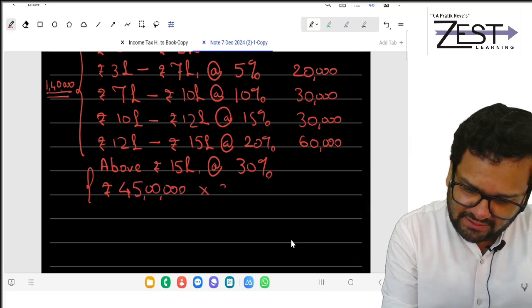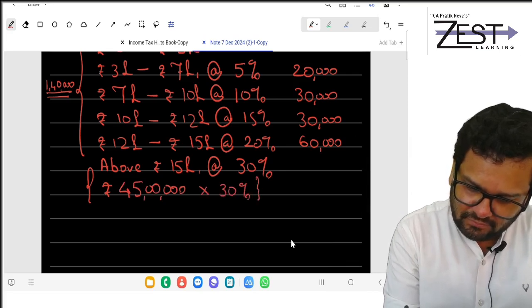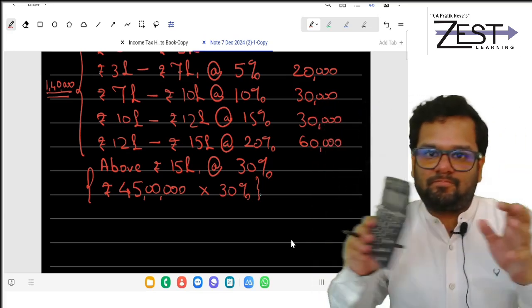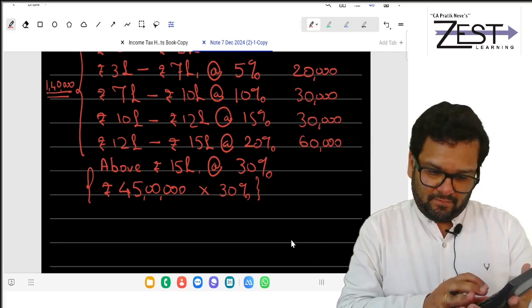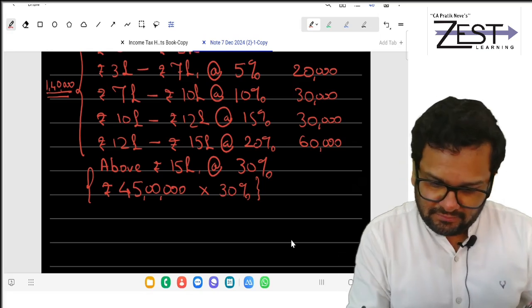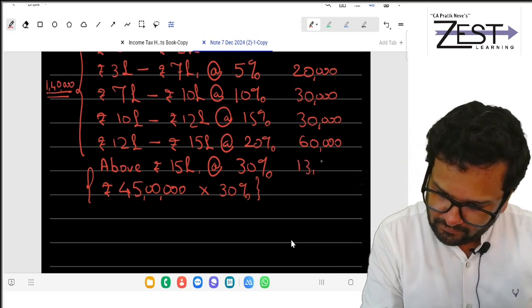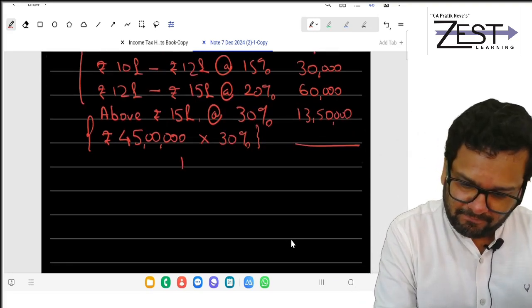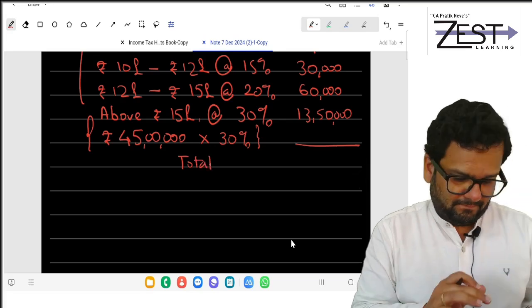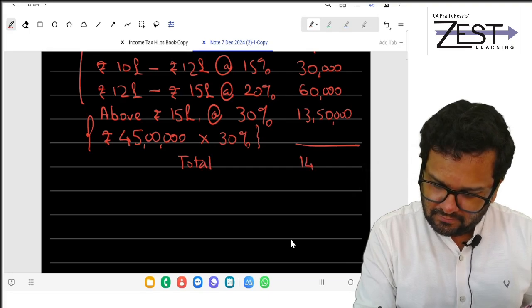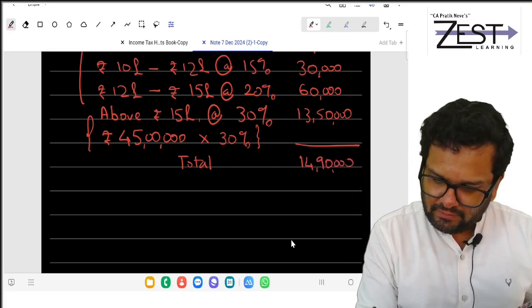So what is 45 lakhs into 30%? 13 lakh 50,000. Friends, take the subtotal: 14 lakh 90,000.